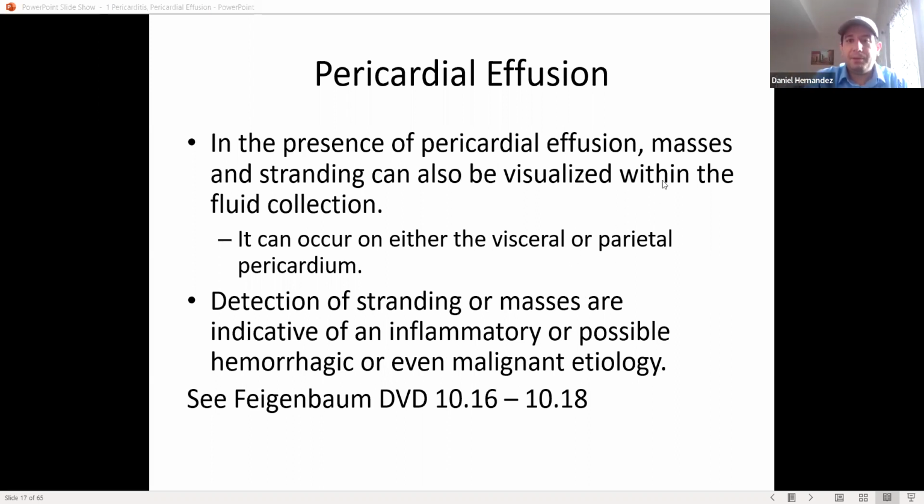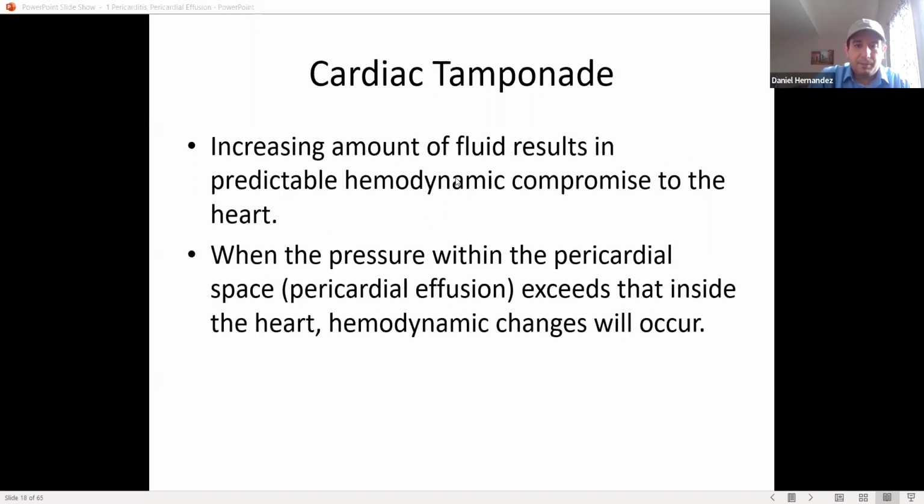In the presence of pericardial effusion, masses and stranding can also be visualized within the fluid collection. And these can occur in either the visceral or parietal pericardium.